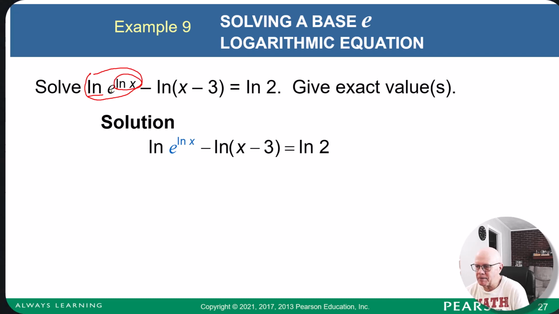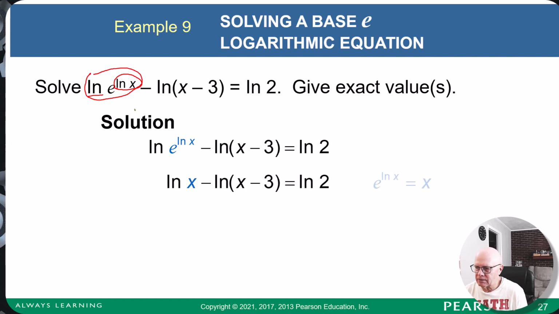Did you get that? Anyway, so this is the first one, the one I just mentioned. The natural logarithm of x is what you get out of this, because these are inverse operations. The second part stays the same, third part stays the same for now.